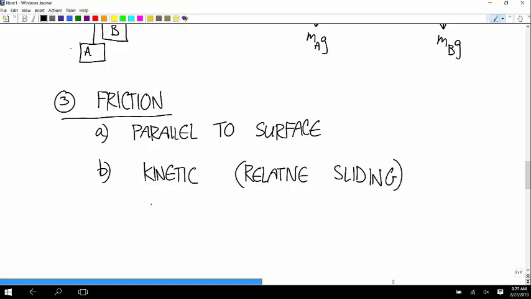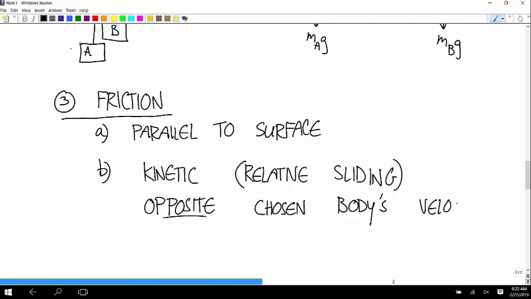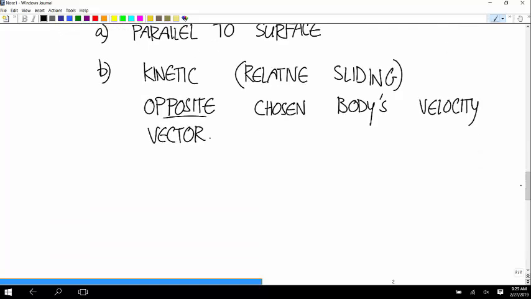Then the direction is opposite the chosen body's velocity vector. So I'll call this part one, lowercase i.